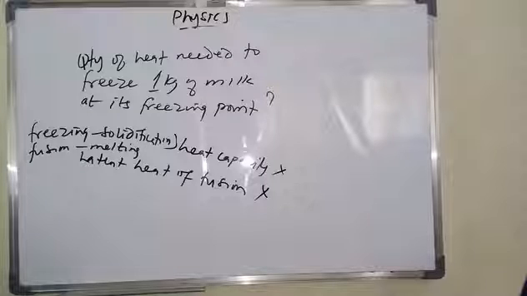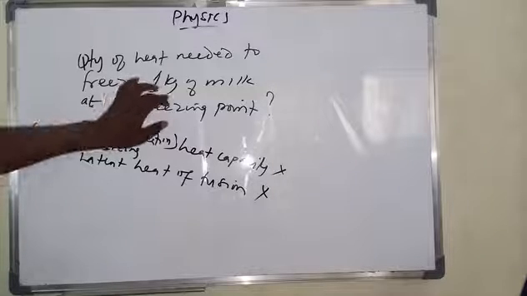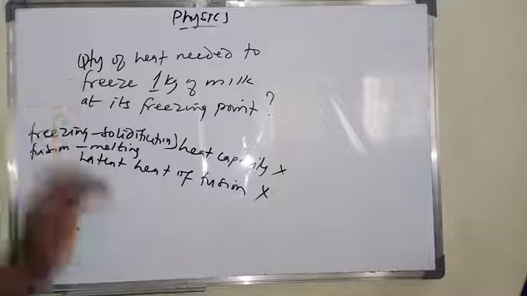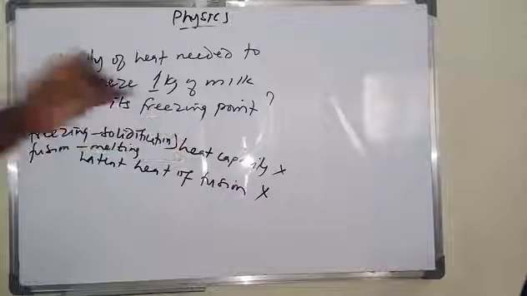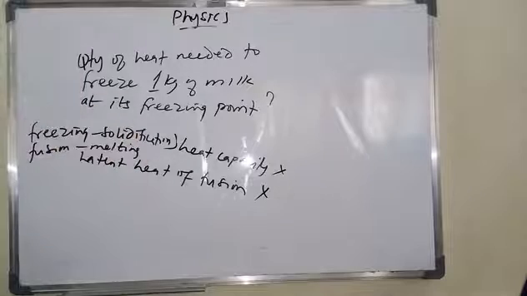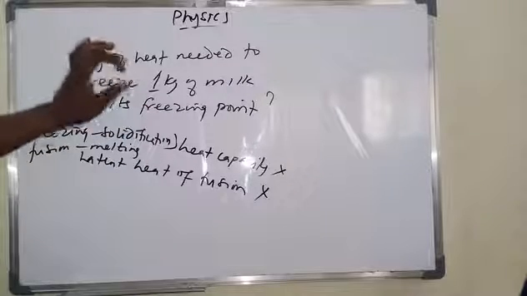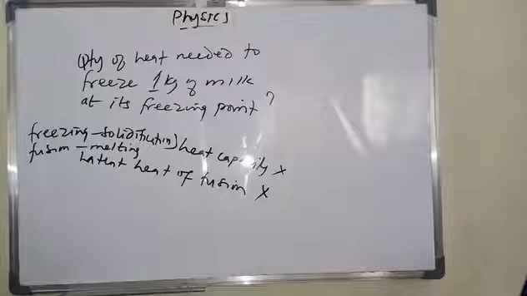It looks like it would have been specific latent heat of fusion, for us to have 1 kg, that means that is specific. Then because we are converting at the freezing point, we need a latent heat. So the answer is supposed to be latent heat of freezing, or latent heat of solidification, but really that one is not there. So we'll go for latent heat of fusion.